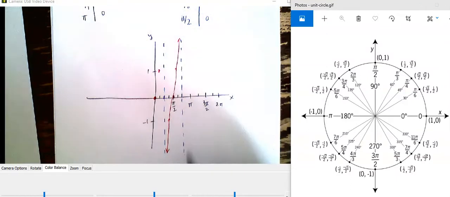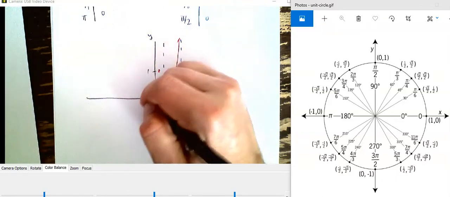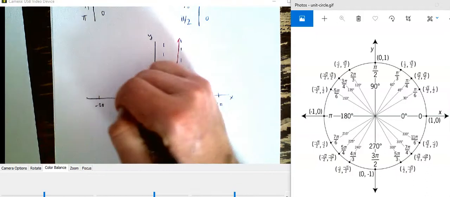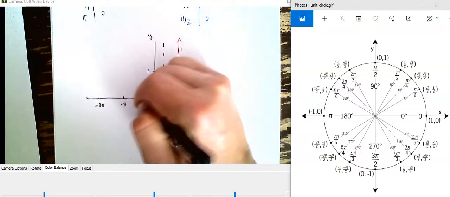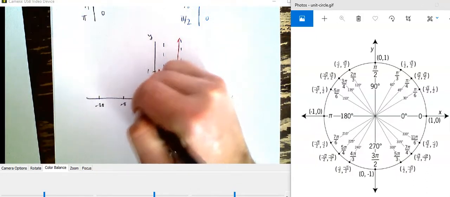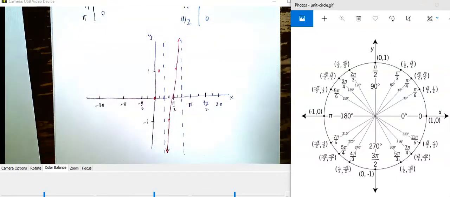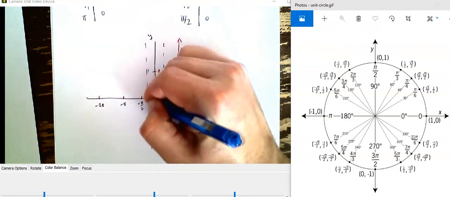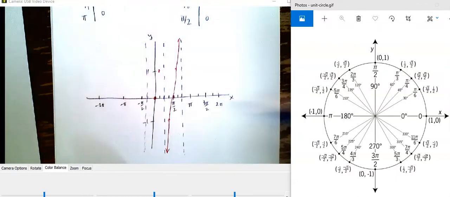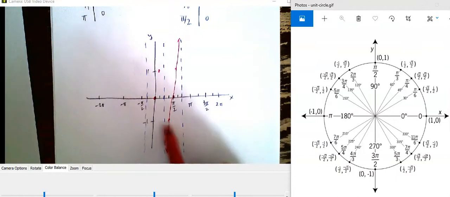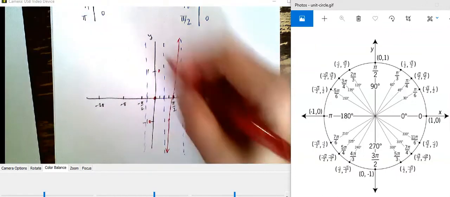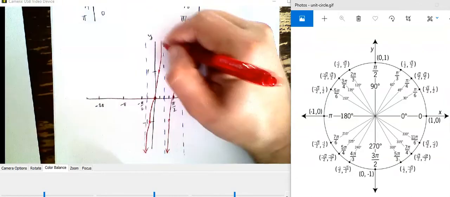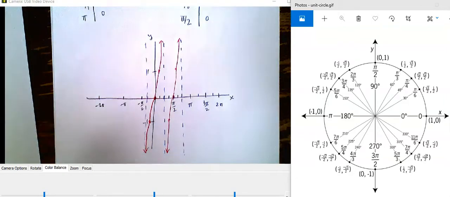We know that we would have another asymptote at pi over 4 here. So let's scale that, negative pi over 2, pi, negative pi over 2, there's pi over 4. So we have another asymptote there. And of course a matching point kind of halfway in between. Something like that.